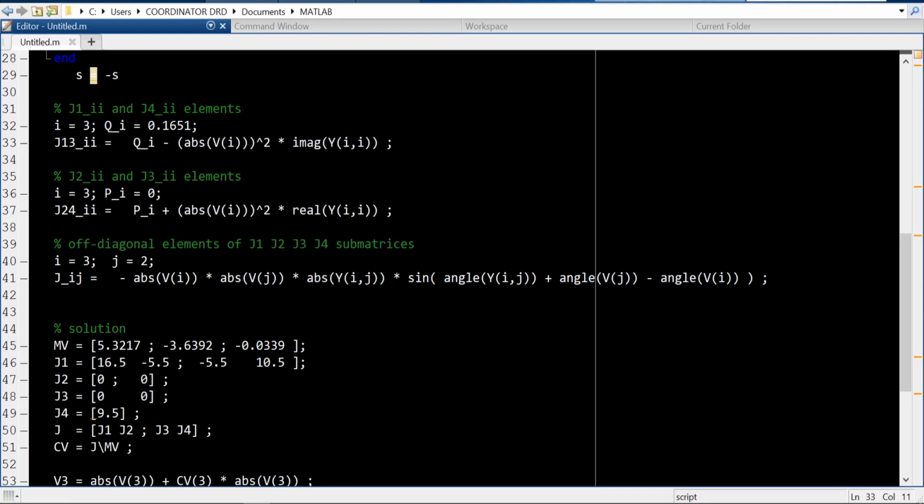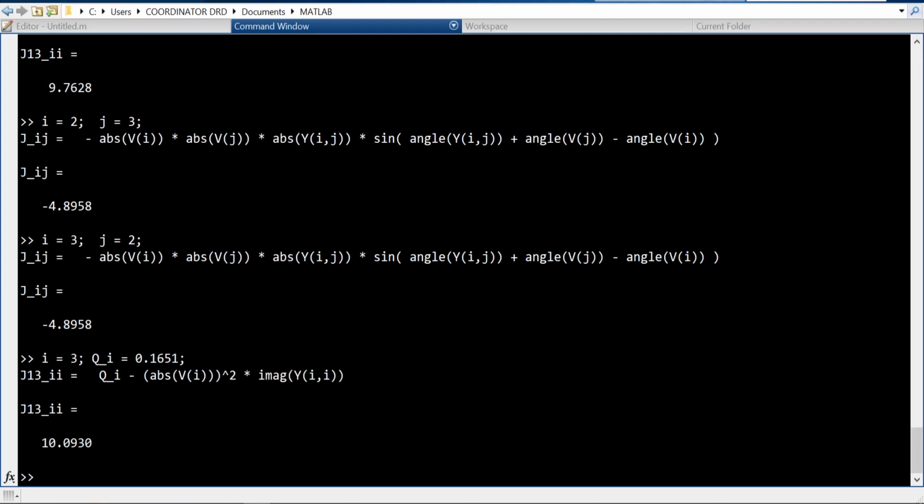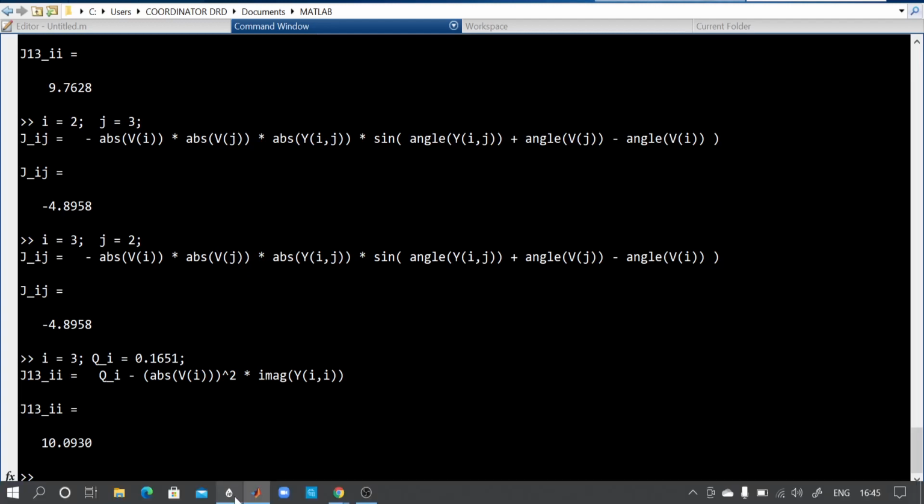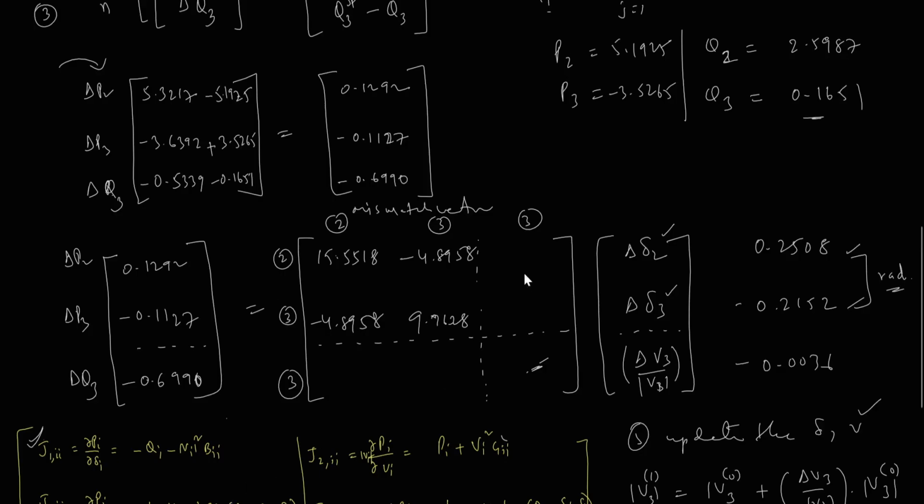Now I am evaluating i equals 3 and this is Q3. So this value comes to 10.0930.